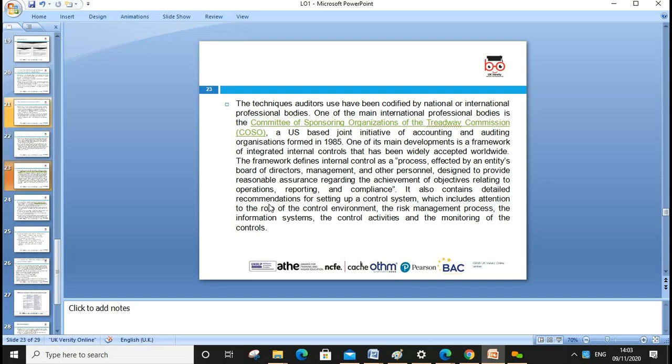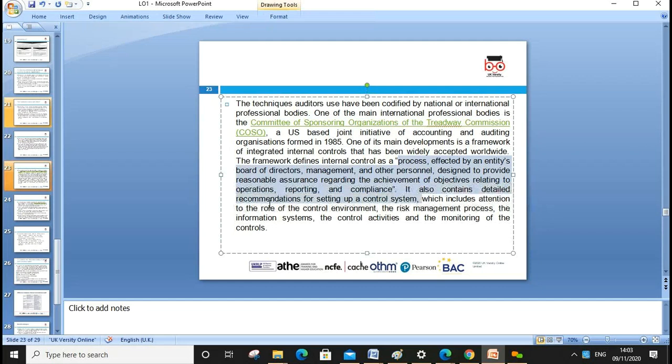It is a process of entity directors and management, and they are all represented in it, and it contains detailed recommendations of internal control. It includes the control environment and risk management in the system. Information systems and controls should be in place.